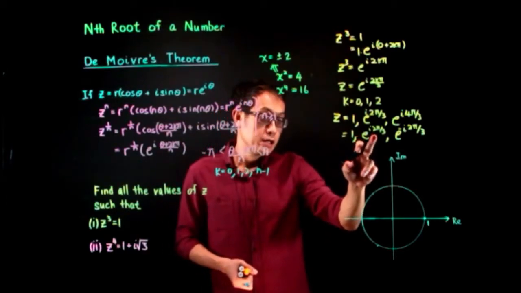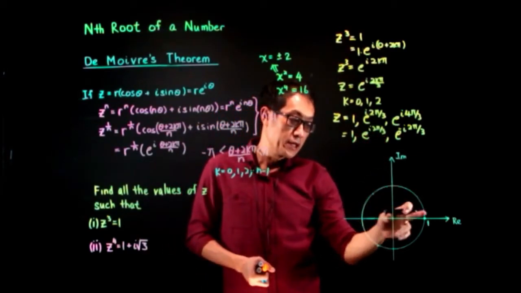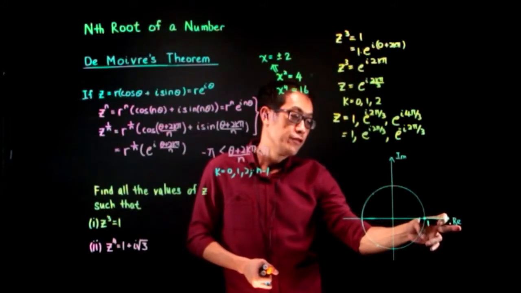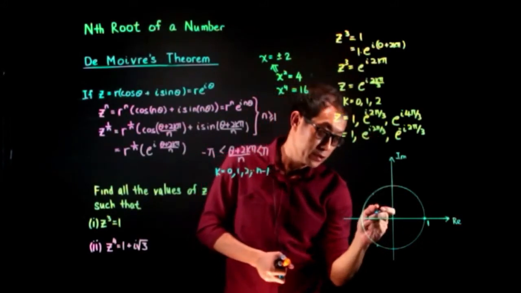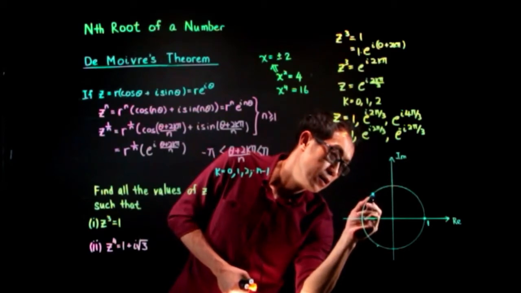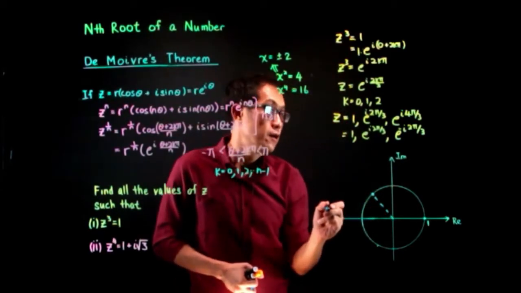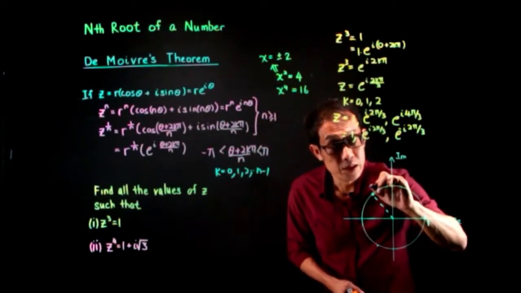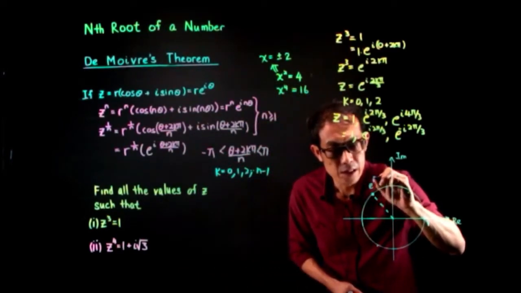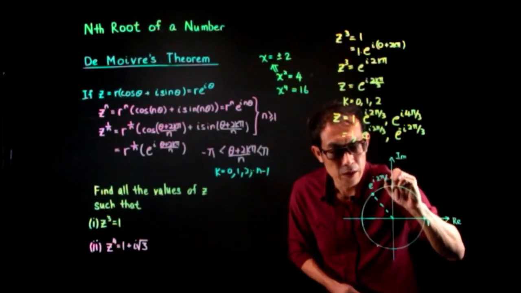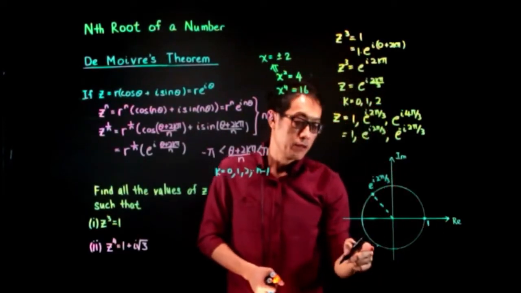And the angle it makes with the positive x-axis is 2 pi over 3. So this will be e^(i 2 pi over 3). Now what is the other one?